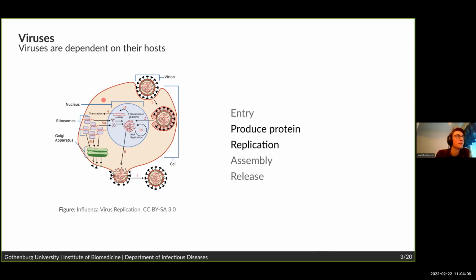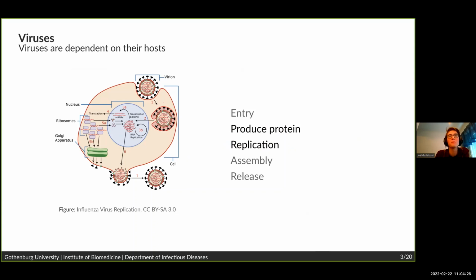This is just one example of a virus gaining entry into a host cell, where the host's cellular machinery is then responsible for producing protein, and in some cases, especially for some DNA viruses, also replicating the genome.